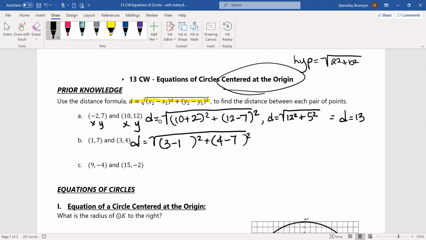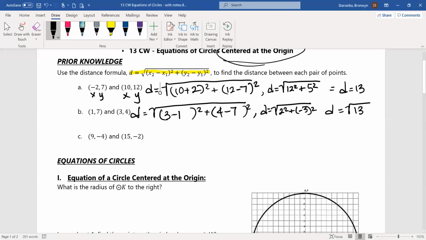So our distance is going to be the square root of 2 squared plus negative 3 squared. That distance is actually going to be the square root of 13. And you can leave it like that. Until you get to your final answer, you should carry that square root through if we're going to be using it in another calculation. Make sure you leave it under the radical and only round at the very end if possible.